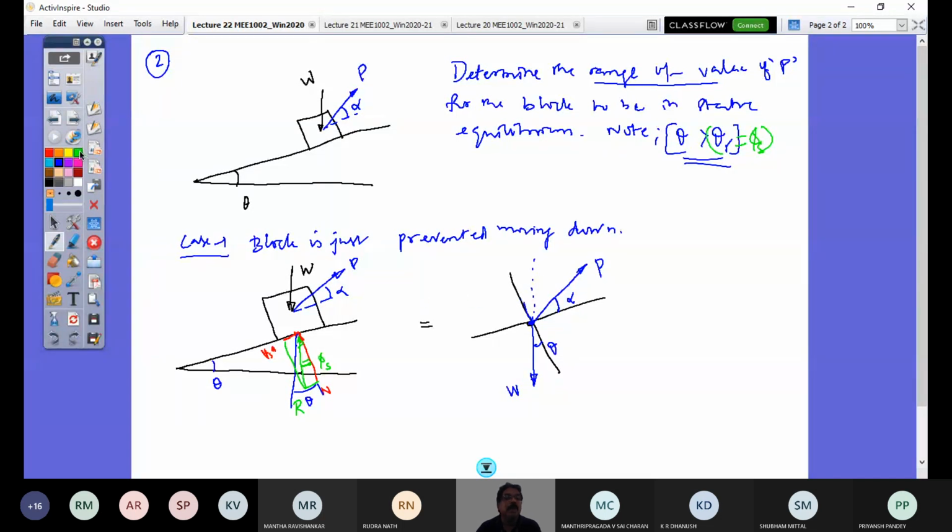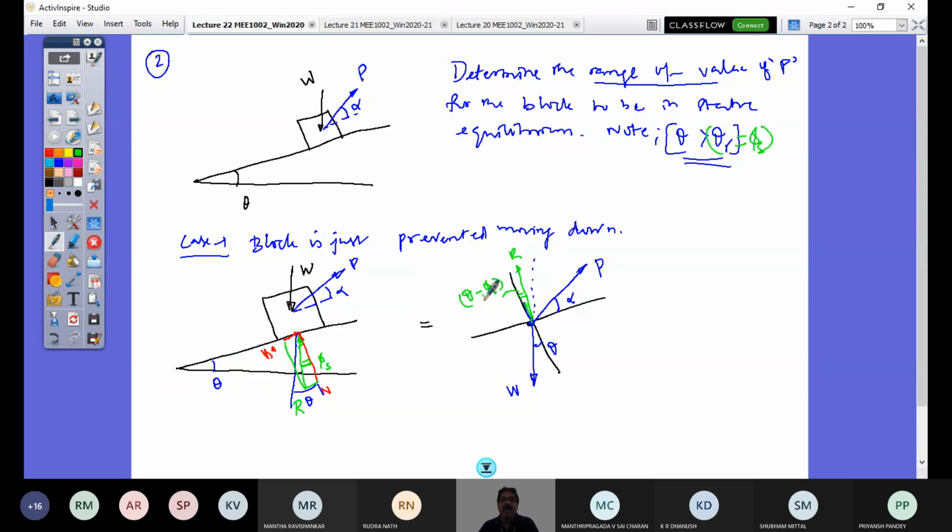R is somewhere here. This is my R. So what is this angle? This angle is now theta minus phi s.